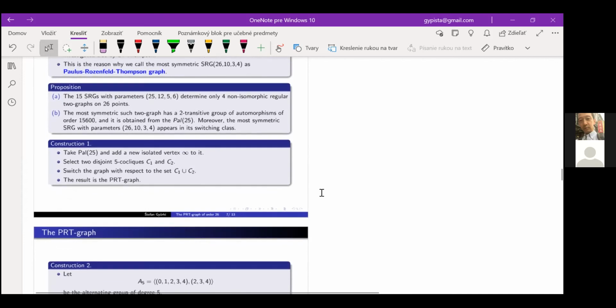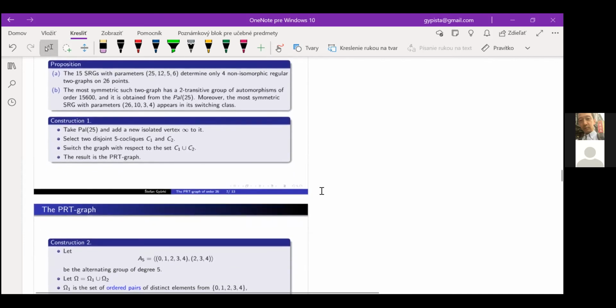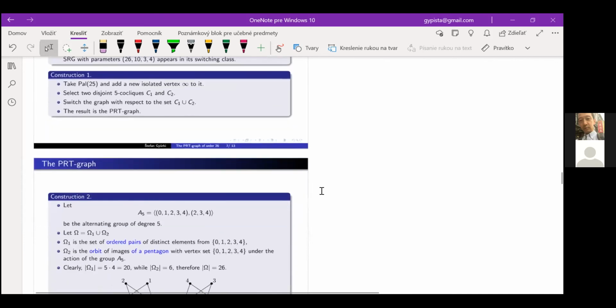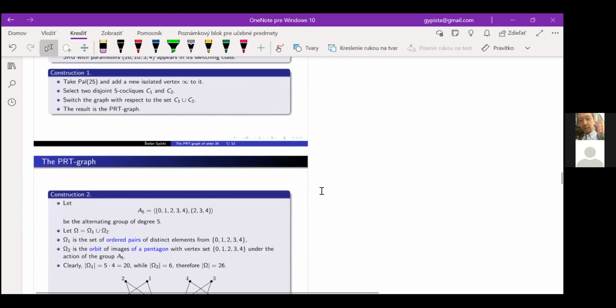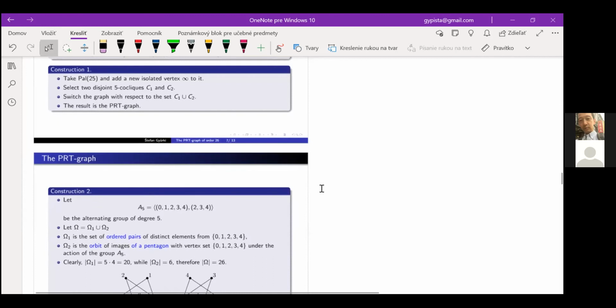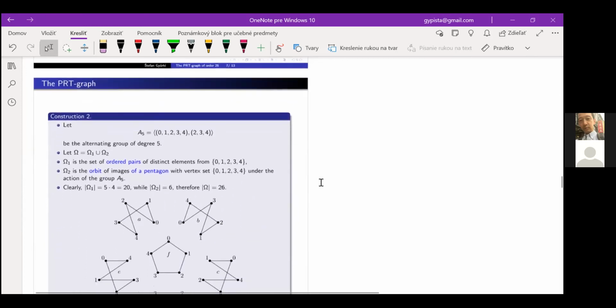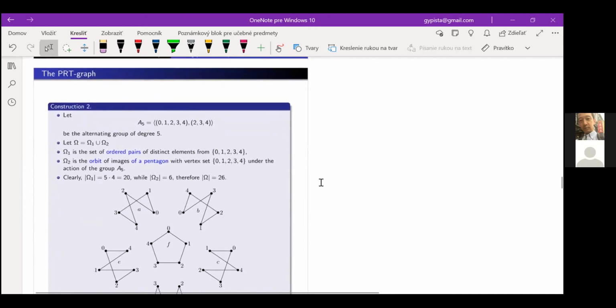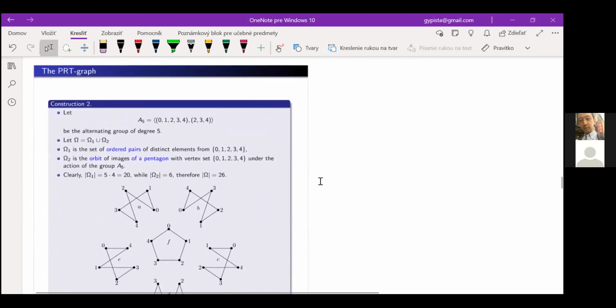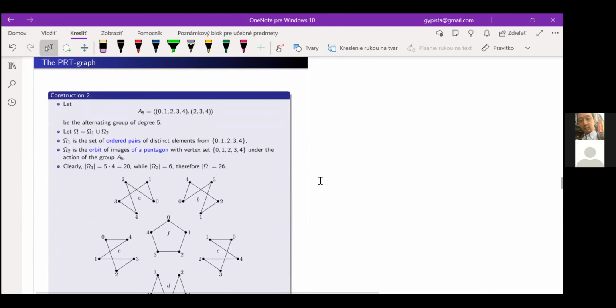So exactly as the Paley graph of order 9 is related to the Petersen graph, the Paley graph of order 25 is related to the Paulus-Rosenfeld-Thompson graph. This we can regard as one of the possible constructions of this graph.